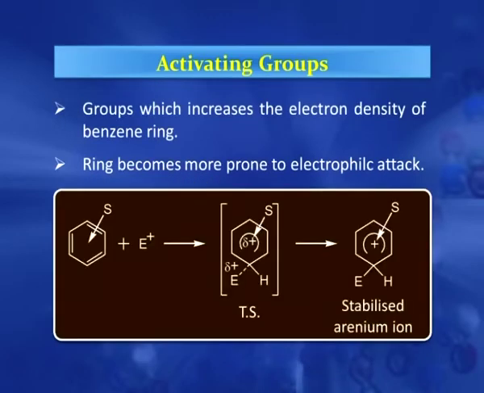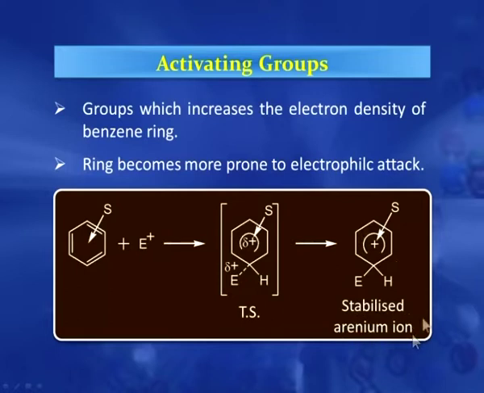Now, let us see. If we take this substituted benzene, this S is the substituent, which can be present on any one position of benzene. If electrophilic attack takes place, we get the intermediate formation of this arenium ion, which contains a positive charge. So, any factor which decreases this positive charge will stabilize this arenium ion.